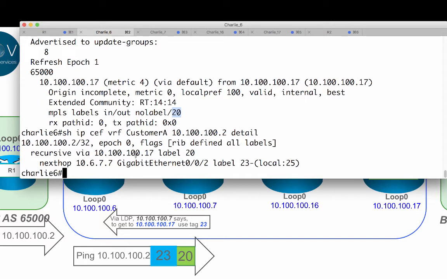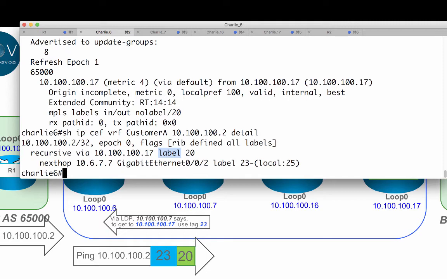Okay, so that is the 20 that's right here. And then we have to do a recursion because in order to get to where it makes sense, we have to get to 17. And so that's going to be a 23. So we're going to send it out, and it's going to be a 20 and a 23.